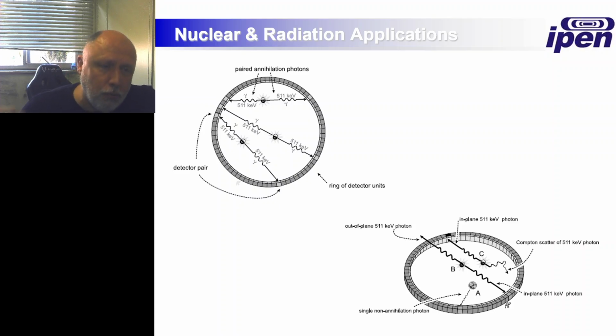But that's the idea. If you emit 2 gamma rays at the same time, you won't detect just one radiation. You will only say it's a valid event if you detect it in both places, in 2 detectors, and that reduces noise a lot. You essentially get your background noise to 0, meaning your image is much clearer.